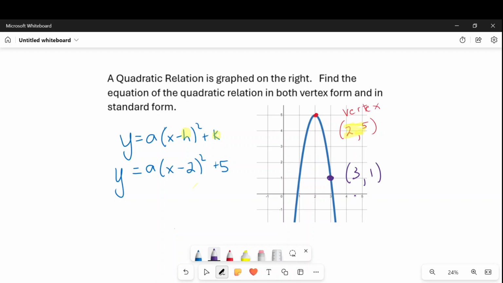So every time you have a point on a relation, you have an x and a y value that you can use together in the equation of that relation. So I have an x and a y value in my equation. I'm hoping to find a. So I'm going to replace the x with 3 and the y with 1 because that's the x and y of that point.